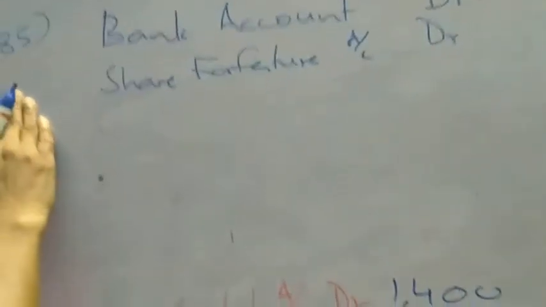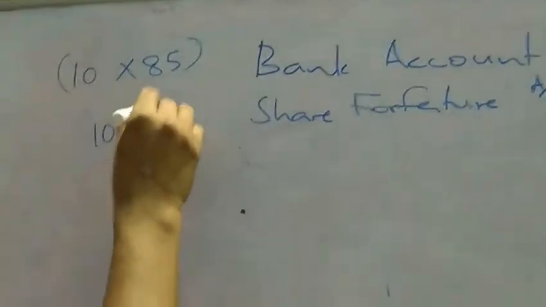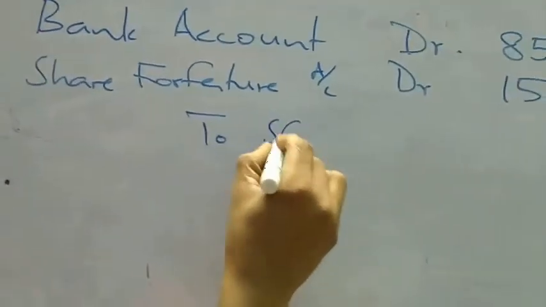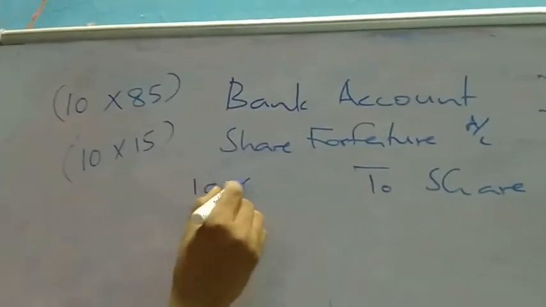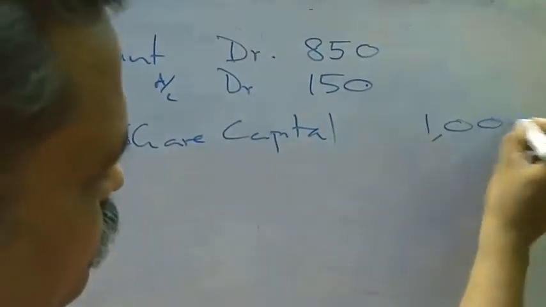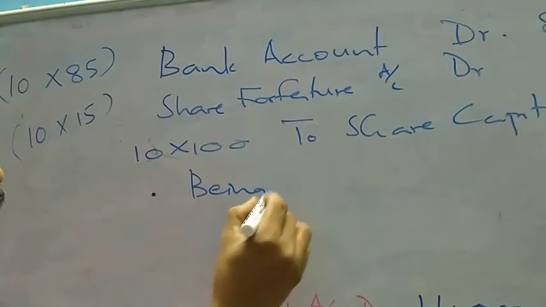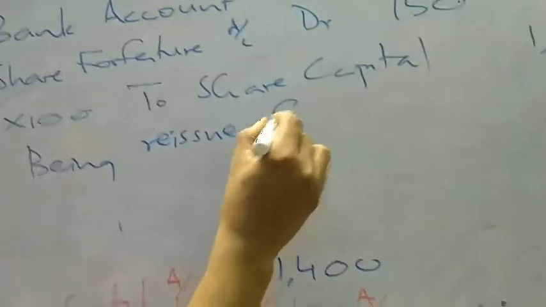A 100 rupee share you are selling at 85, that means 15 rupees is the discount, 10 into 15, 150 rupees. Then to share capital, which will be the face value, 10 into 100, that is 1000 rupees. Narration will be: being reissue of 10 shares.